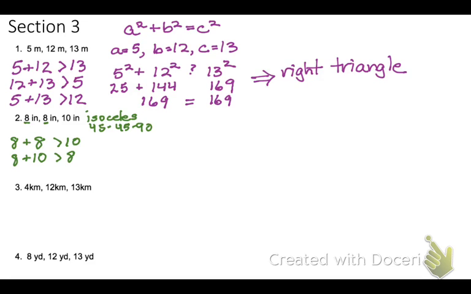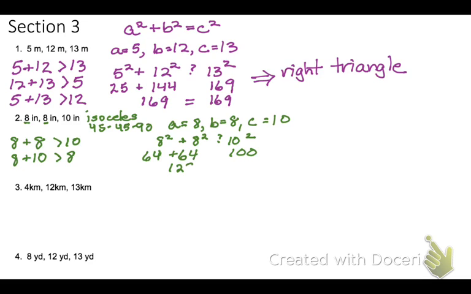So now we're going to have a equals 8, b equals 8, c equals 10. So 8 squared plus 8 squared is somehow related to 10 squared. 8 times 8 is 64, plus 64 is related to 100. 64 plus 64 is 128.